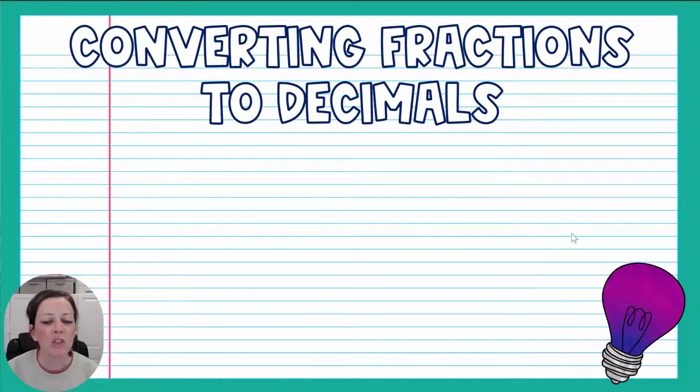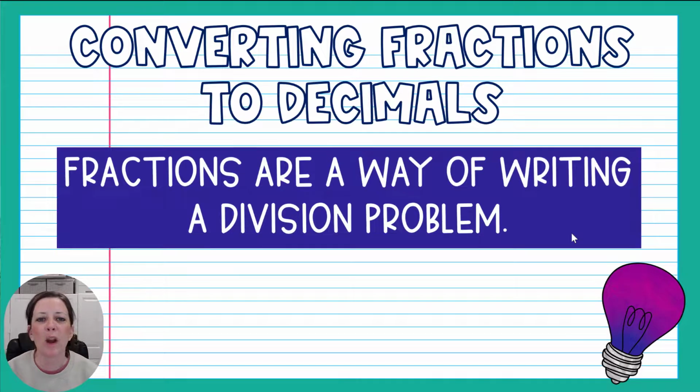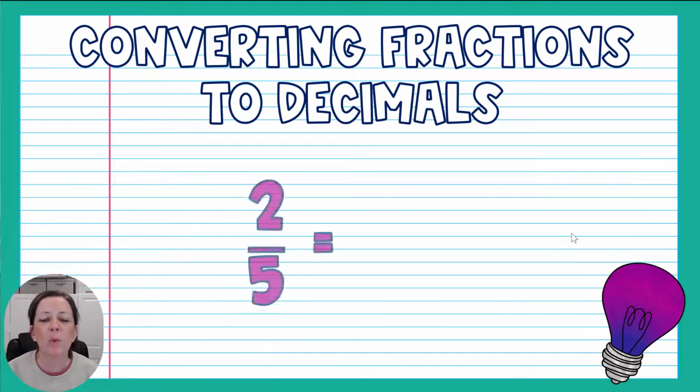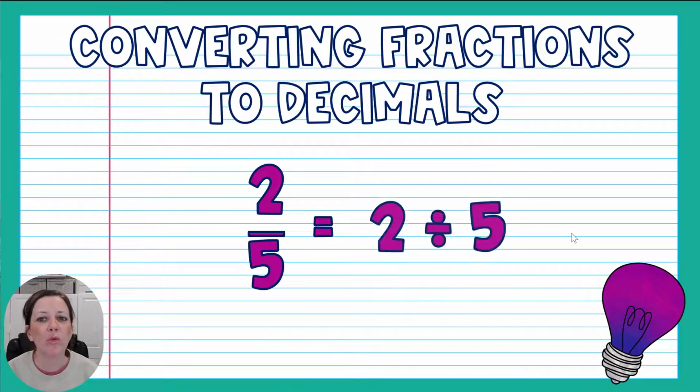Let's just jump right in and talk about what a fraction is exactly. Well, a fraction is simply a way of writing a division problem. So fractions and divisions go together hand in hand. What I mean by that is when we have the fraction 2/5, that is 2 out of 5. It's the same as saying 2 divided by 5.